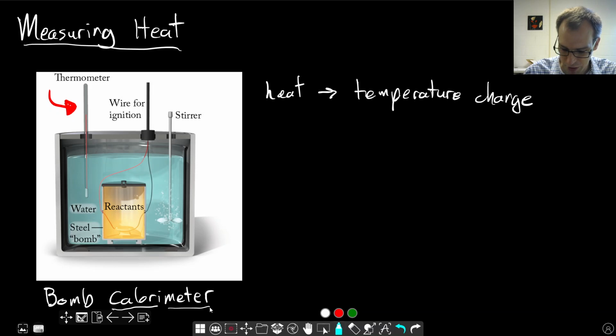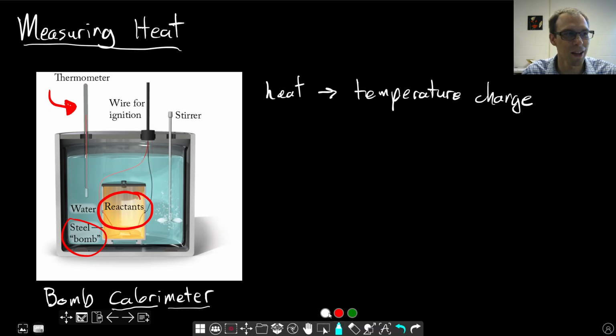But what are we doing with this? The way the calorimeter works is that your actual process that you care about, your system, is right here, where it says reactants. We put this inside of what's called a bomb. So this is a steel enclosure, very strong, with very thick steel walls.